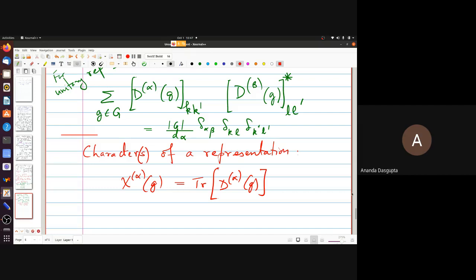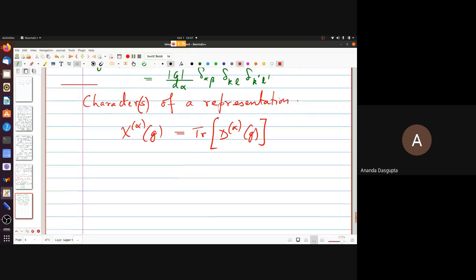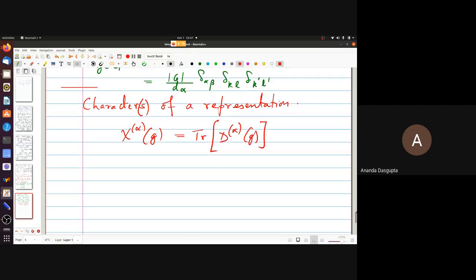I said a while ago that this is actually something you can do even at the operator level. So I hope everybody is sure about why we can do this at the operator level itself. I can define a character of a representation even if it's an operator representation, not a matrix representation.